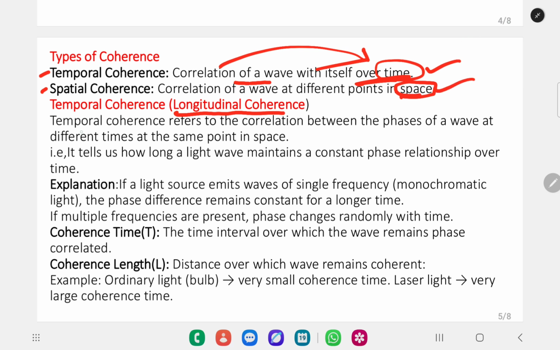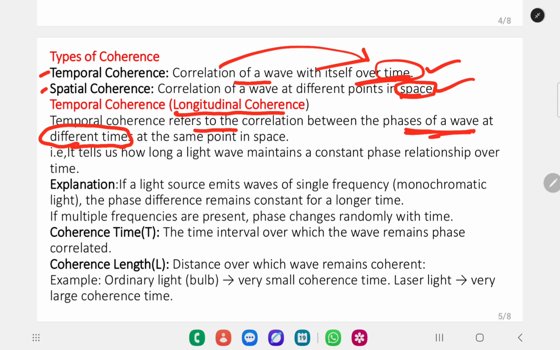Okay, we'll see. So what is temporal coherence? Temporal coherence refers to the correlation between the phases of waves at different times, at the same point in space.